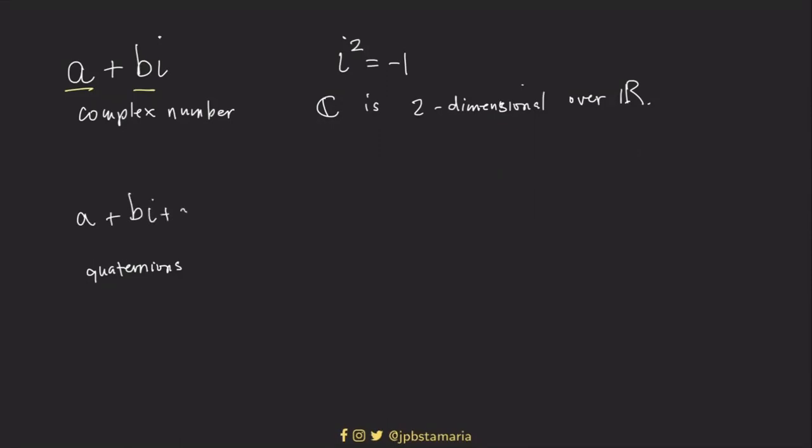Meron BI, CJ, DK, yeah? Anong property nung I and J at K? Pare-pareha silang imaginaries. So, sabihin ang squares nila ay -1. No? In fact, ang product nilang tatlo ay -1 din.